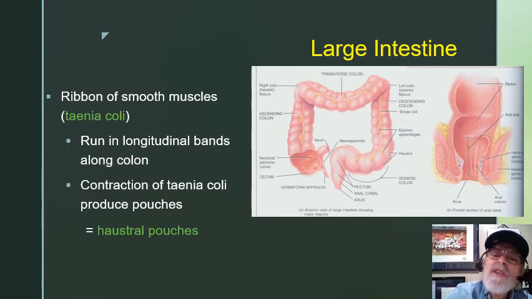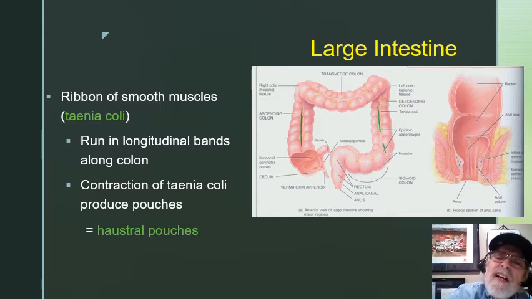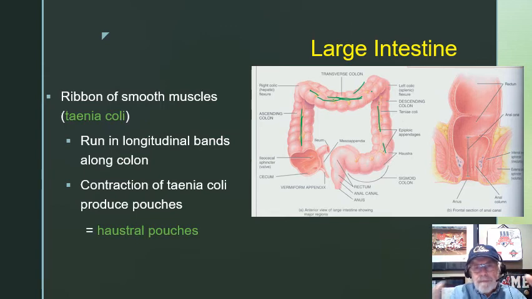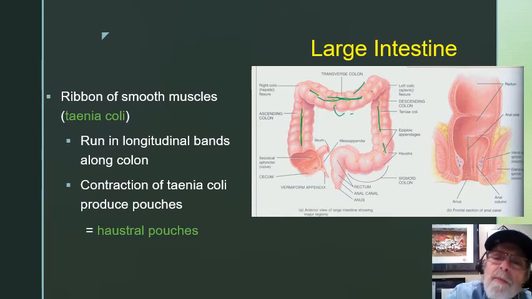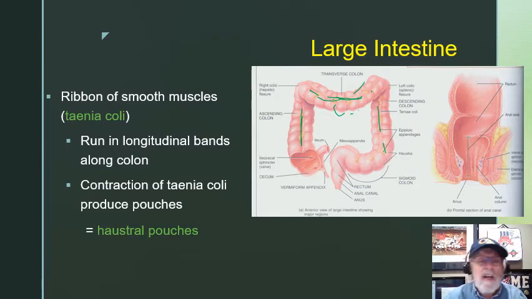This shows the teniae coli, these little bands, here and here and here, and by contracting a little bit, they make all the little pouches. These are much bigger, which means that when you look at an X-ray, you're able to see the difference between the large intestine, the colon, versus the small intestine.